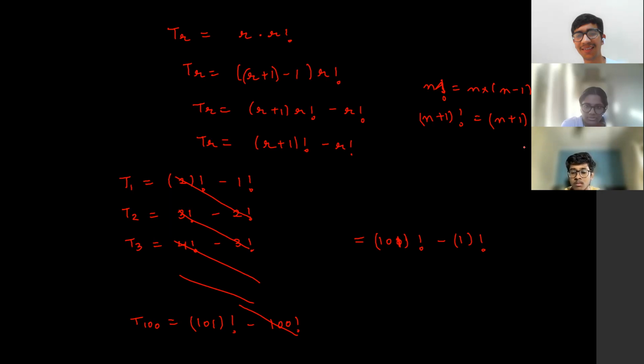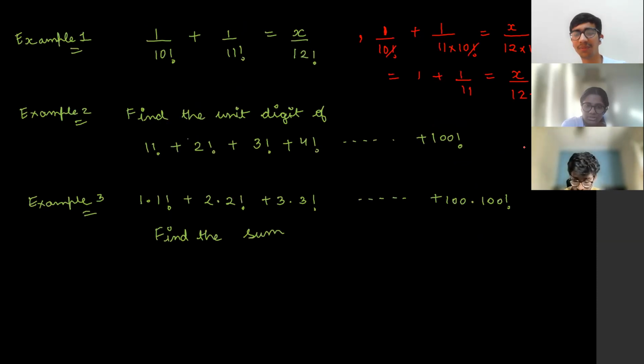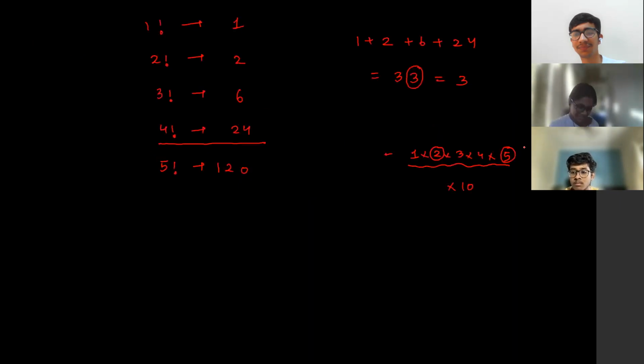How are you getting these decimal terms? It's 1 into 1 factorial, Ritu, not 1.1 factorial. Sorry, I took that as a decimal.